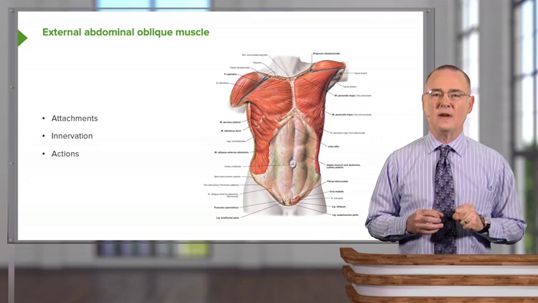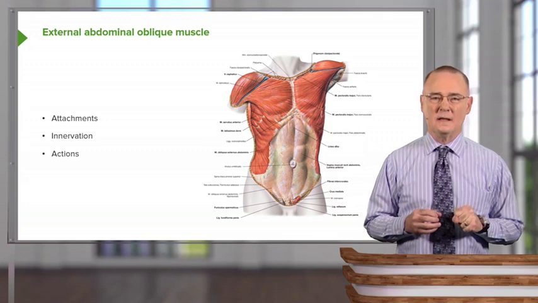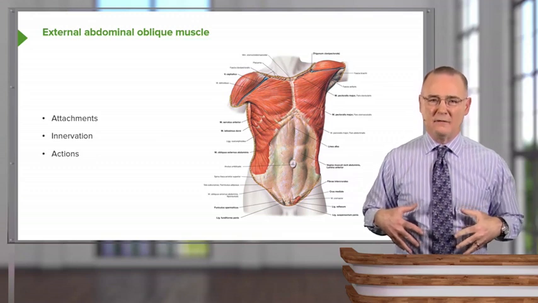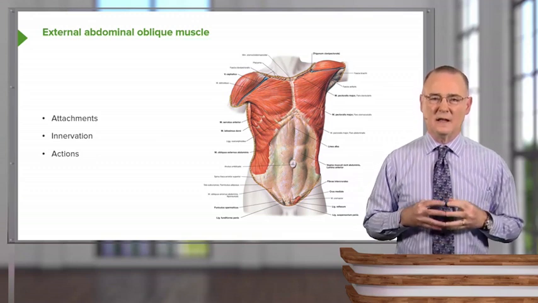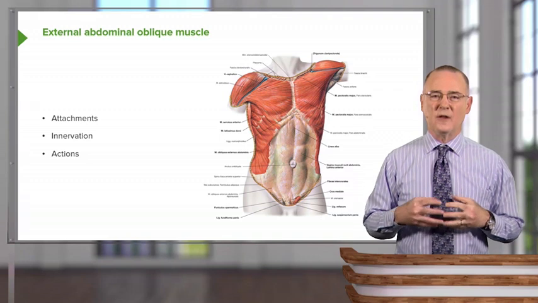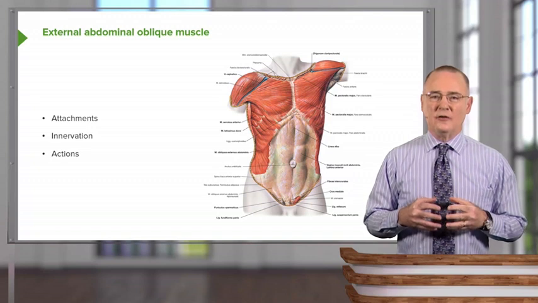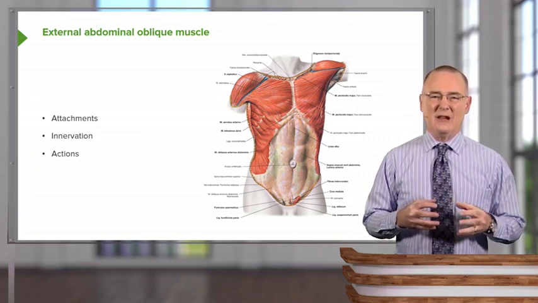The actions of the external abdominal oblique. Let's first think about both the right and the left external abdominal obliques contracting. That will help flex the trunk of the body like so. We can also consider these working unilaterally.